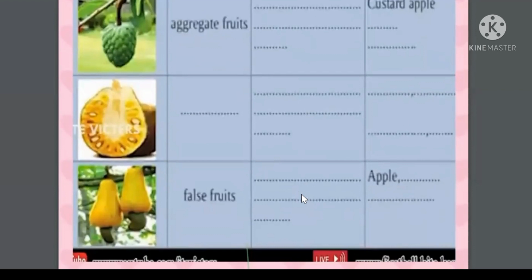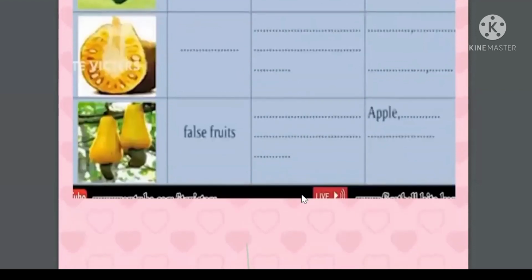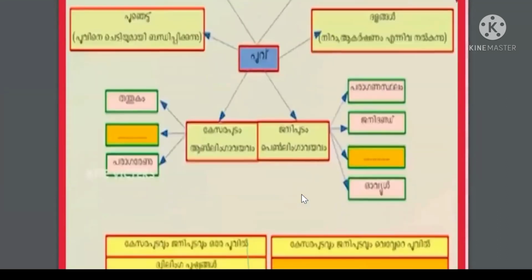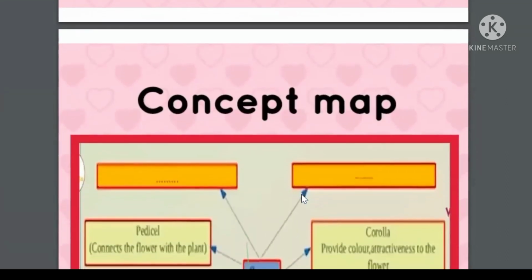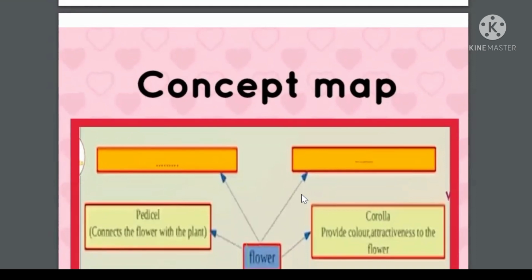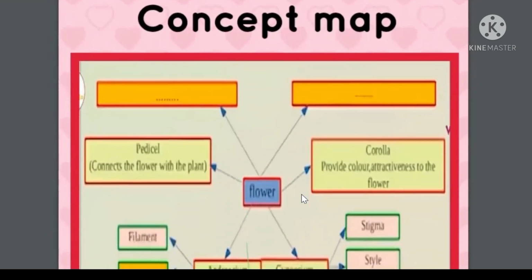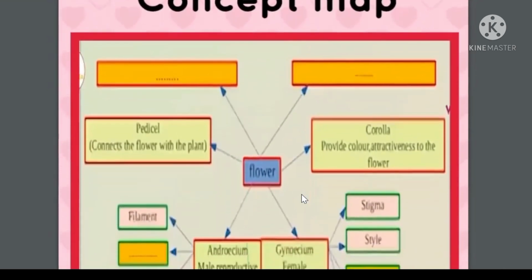Okay. Now another important task for you in this class. See, it's English version concept map. This is one of the tools of science learning, concept map. See this picture clearly.